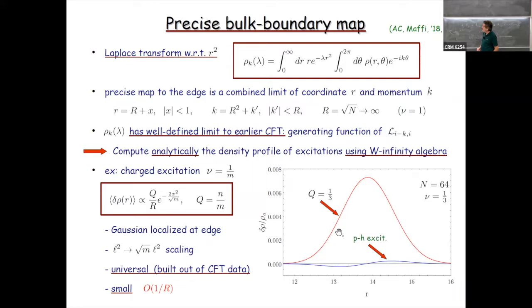So not 3, which would be kind of intuitive in some sense, but square root of 3. So there is a square root scaling with the denominator. Okay, so this is the shape of the edge excitation. So together with the phase, there is also a density fluctuation at the edge.